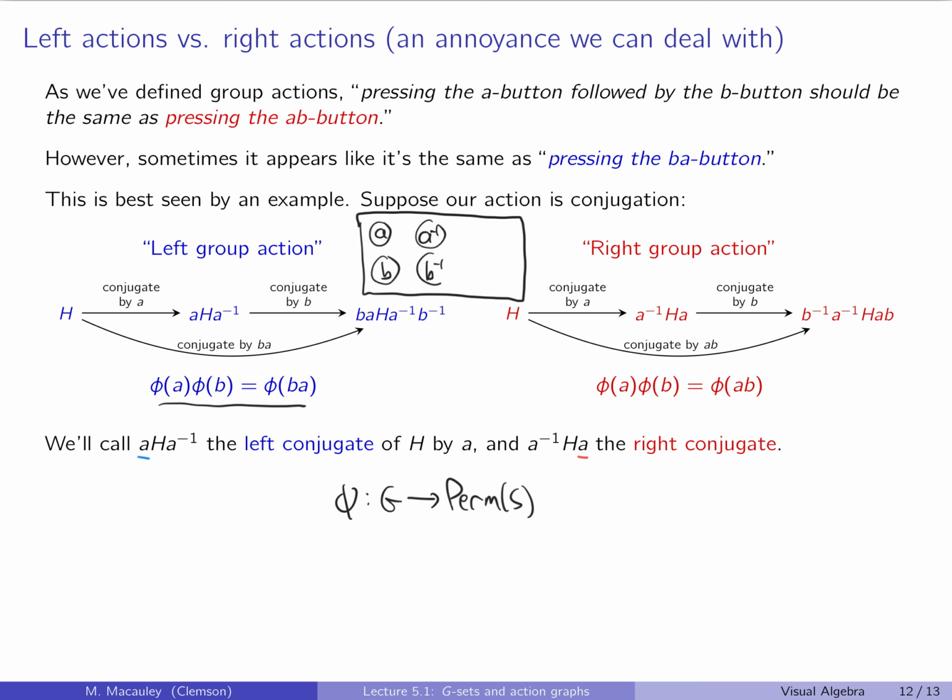And as I've drawn it, you're thinking that conjugating by A is what you get by pressing the A button. But what if we define conjugation by A inverse to be right? In other words, if we define conjugation by something to be the right conjugate. So this is what happens when we press not the A button, but the A inverse button. So we are right conjugating by A inverse. Then we do this, we are right conjugating by B inverse.